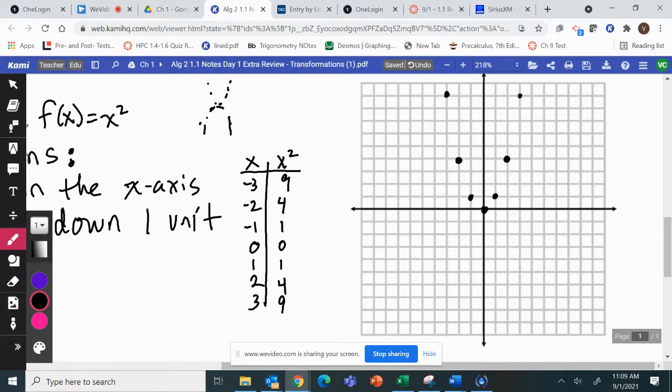And then from flipping down, we move it down 1 unit. So this center point that was at 0, 0, when I flip it down, it's still going to be at 0, 0. But then I move it down 1 unit, it will be here. So this one at -1, 1, when I flip it down, it'll be at -1, -1. But then I move it down 1, it'll be at -1, -2.